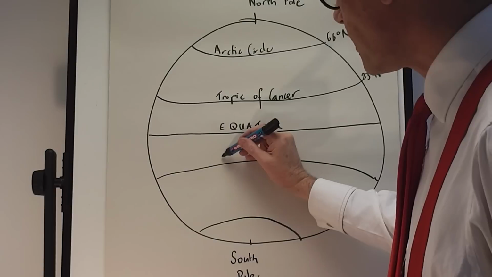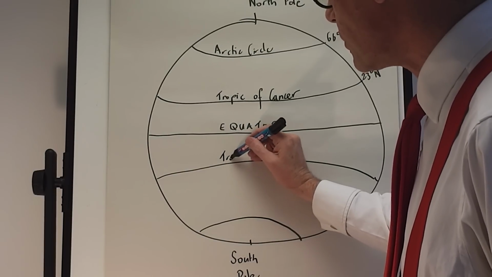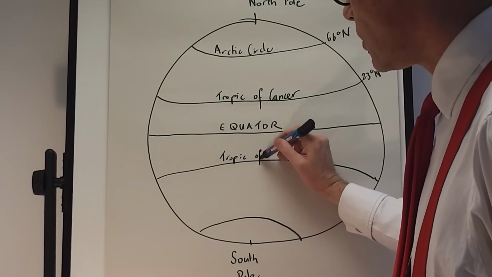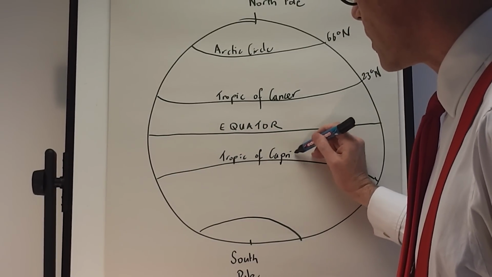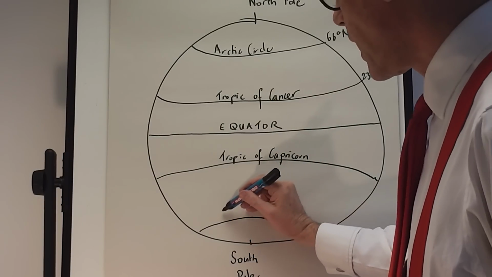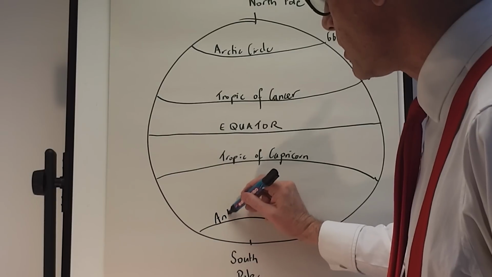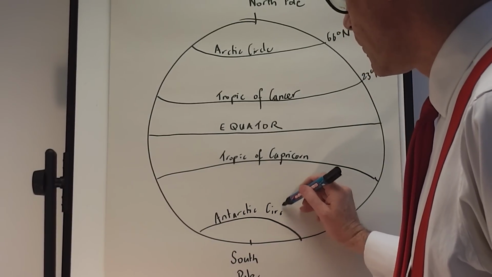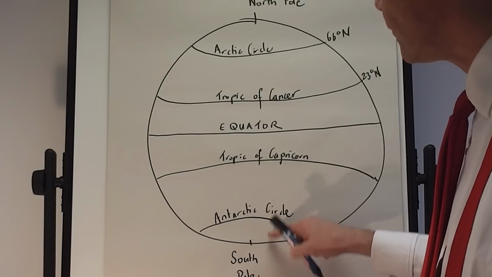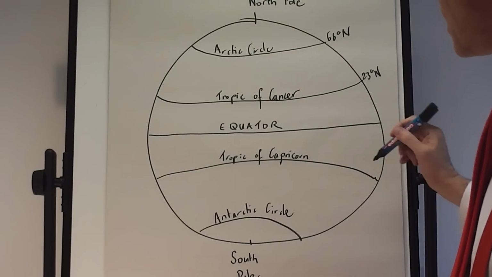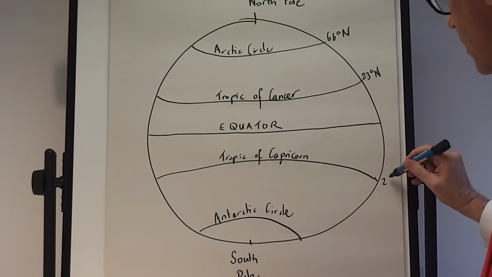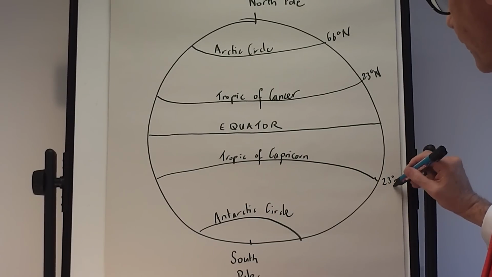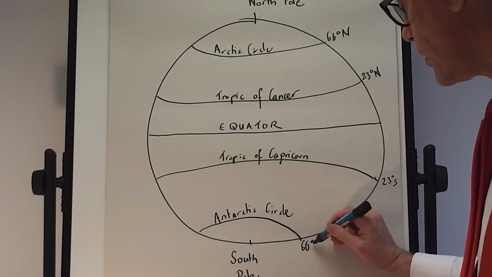And these are two special lines south of the equator, the Tropic of Capricorn and the Antarctic Circle. This is the Antarctic and this is the Arctic here. And that's 23 degrees south and 66 degrees south.